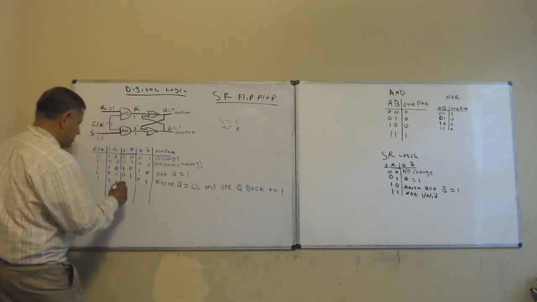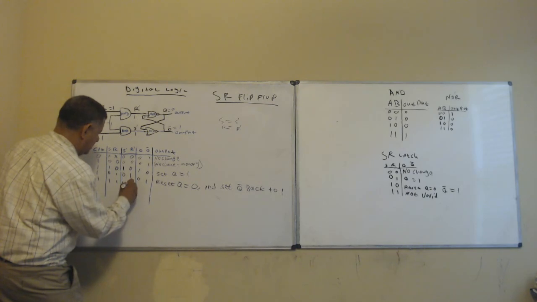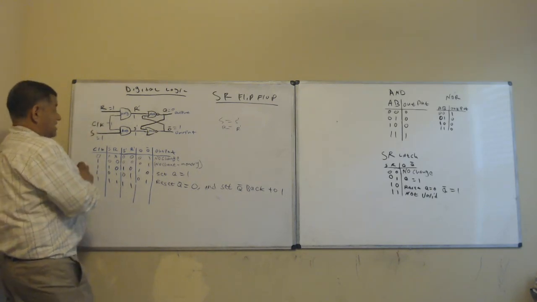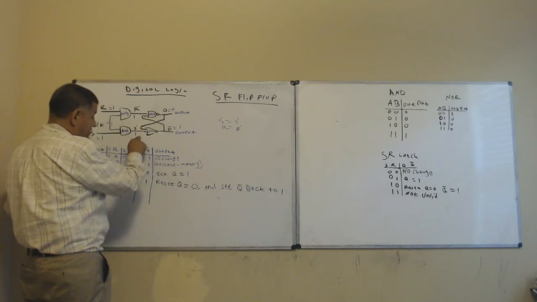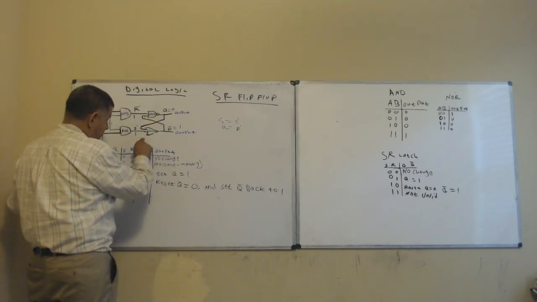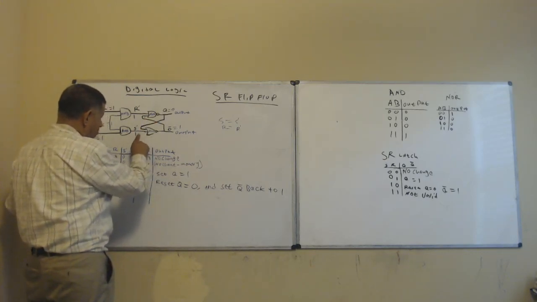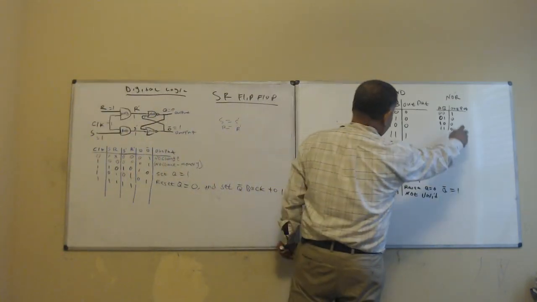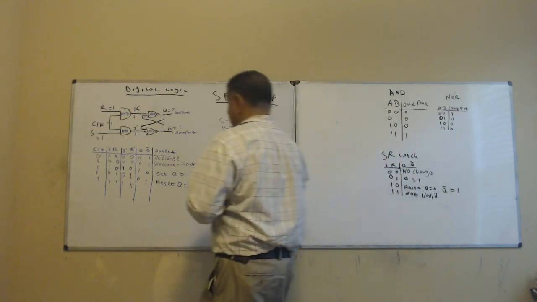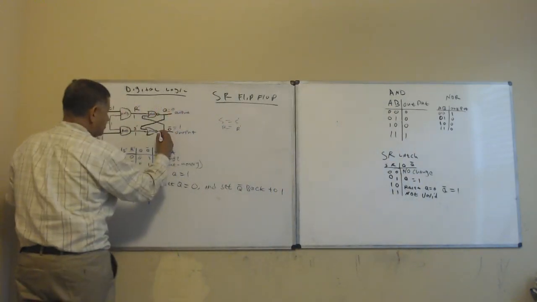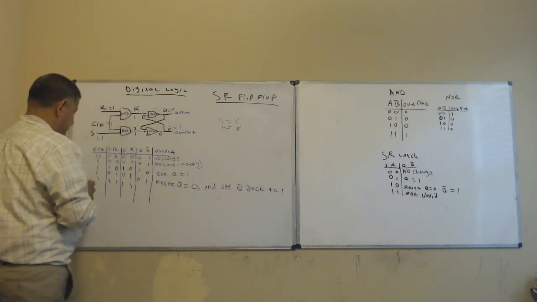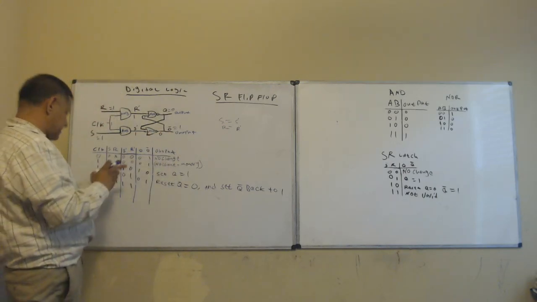When I have 1, 1, right? I got a 1 coming out, a 0 coming out. When I have a 0 coming out right here, I have a 1 and 0, which makes that statement true. I have 0. Now, go back.